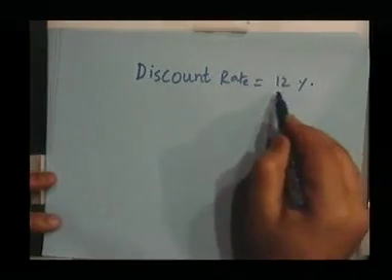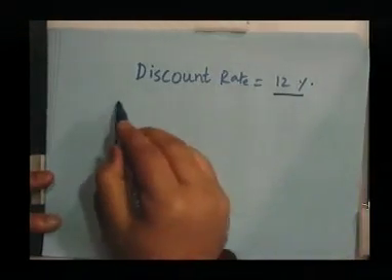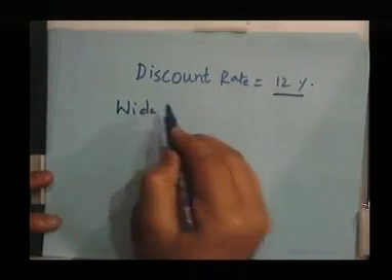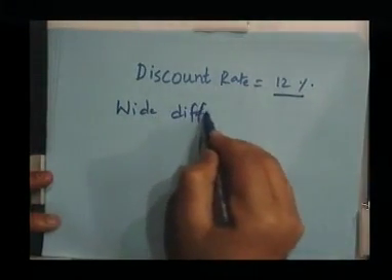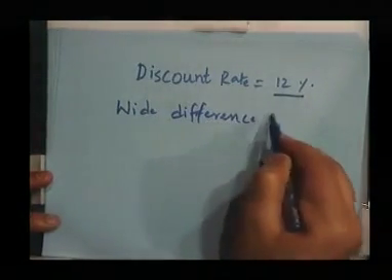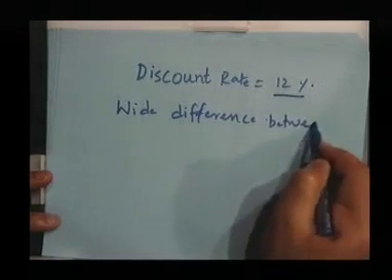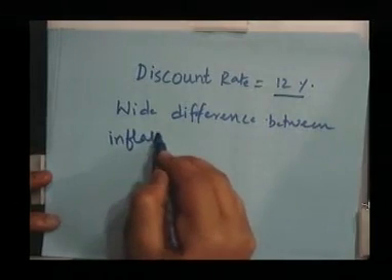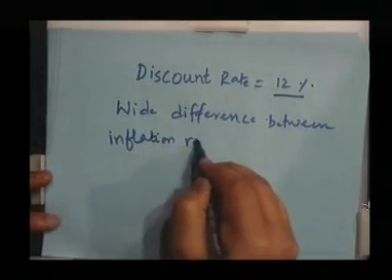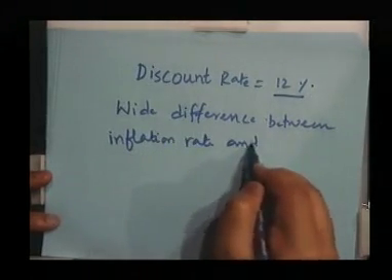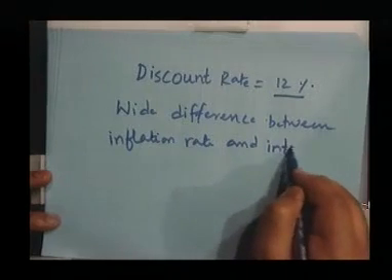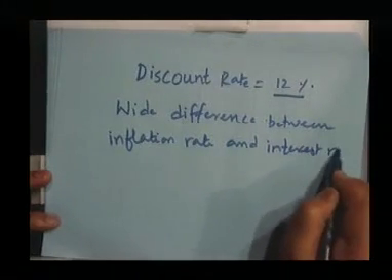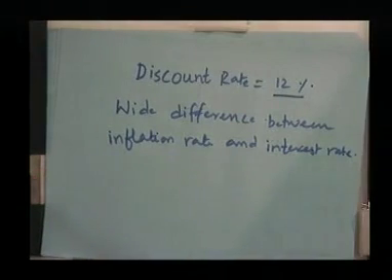Now, if there is a wide difference between inflation rate and interest rate, then we modify our discount rate. Suppose this difference is very high.